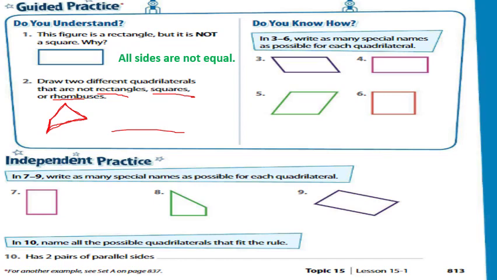Then from question 3 to 6, write as many special names as possible for each quadrilateral. So we have four polygons with four sides. So quickly tell me what is common in all the four shapes. All the four shapes have how many pairs of parallel sides?